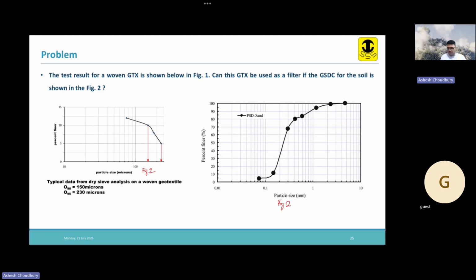In figure 1, we have the test result for the apparent opening size. So we have two sizes: O90 size is 150 microns and O95 size is 230 microns.